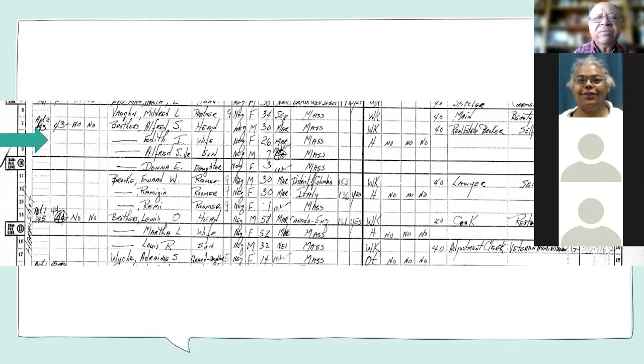My grandmother, Martha, and her info. Lewis R. Brothers, his son, was an adjustment clerk in the Veterans Administration, working 40 hours a week. And Adrian Weich, my cousin, is listed as the granddaughter. So it gives you some insights of what's going on here.